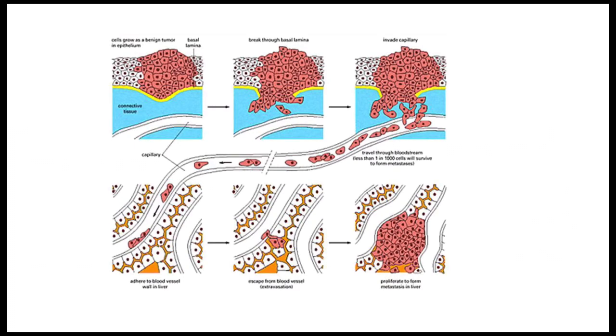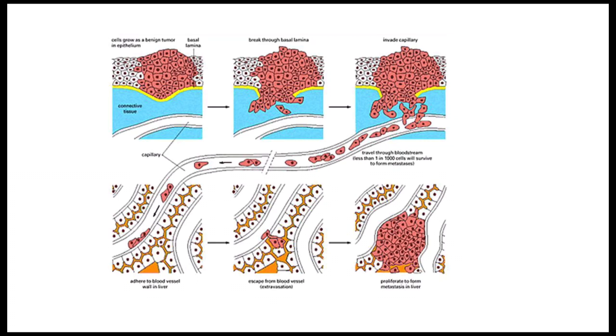So let's look at what this spreading looks like. In the first image there, we can see that cells are growing and forming a benign tumor in the epithelium. The yellow line is the basal lamina, so it's like a barrier for your cell type. So cells break through and get into the bloodstream by invading the capillaries, and they travel through the bloodstream to elsewhere in the body.